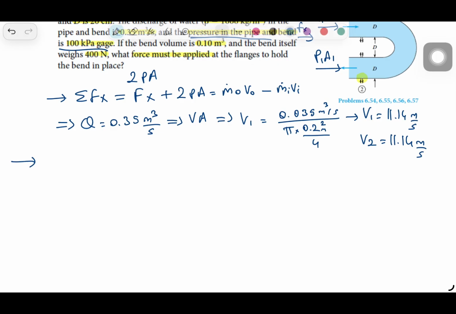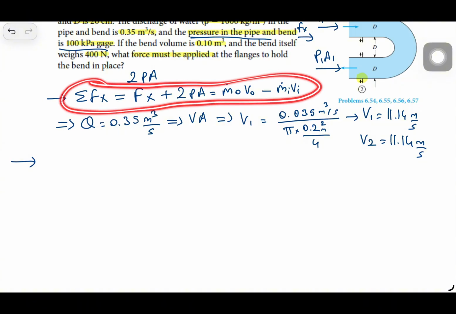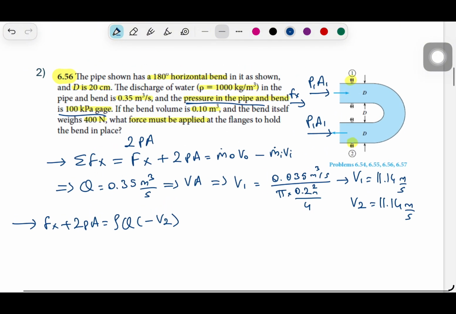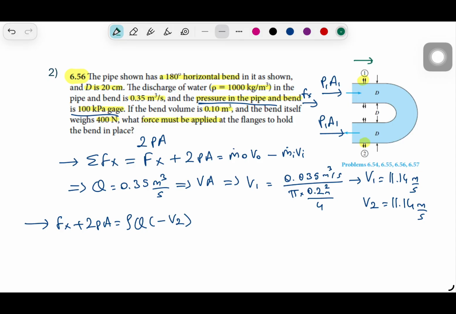So let's look at the first equation here. Fx plus 2PA, which is the pressure force, will be equal to rho Q out velocity. And here we can assume this is the positive x direction. And since the velocity is going to the left, we will have minus velocity.